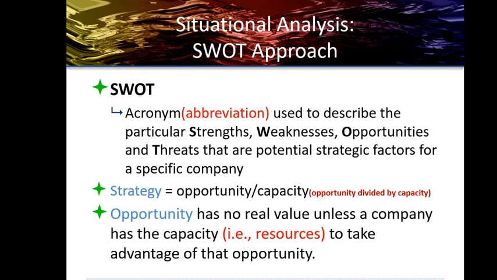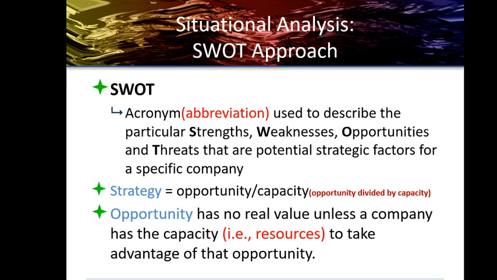In addition to that, don't forget that you should have core competences, or what we call distinctive competences, which are superior efficiency, superior quality, superior innovation, and superior responsiveness to customers, in order to be able to strengthen your capacity.